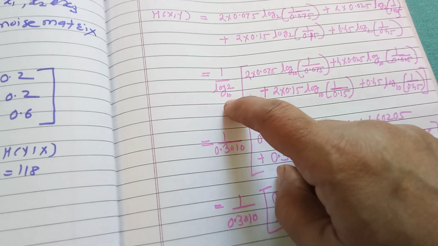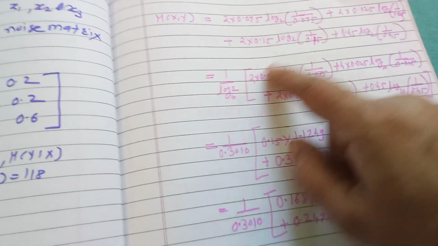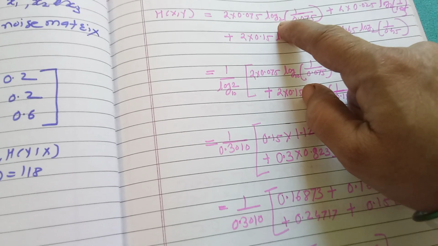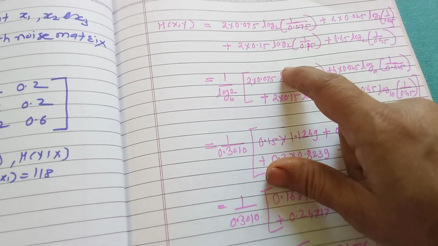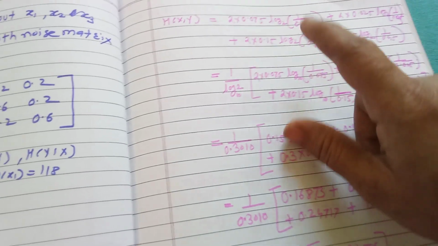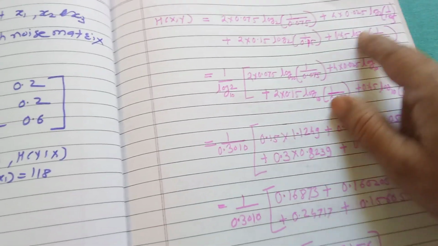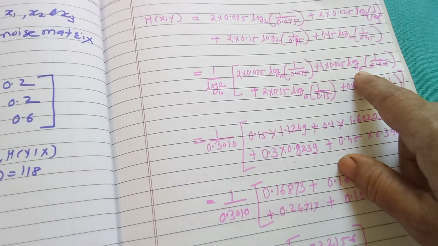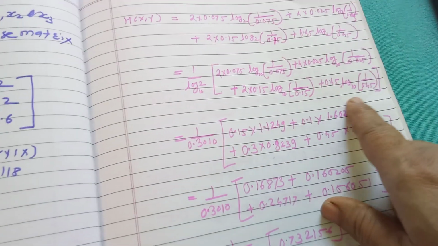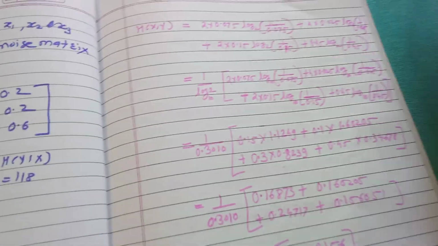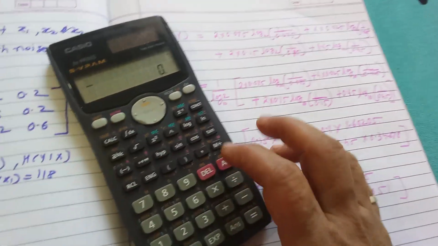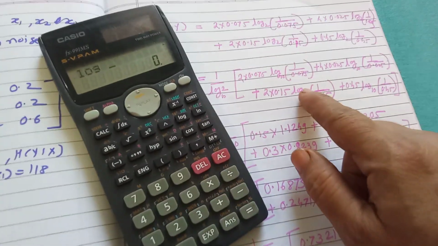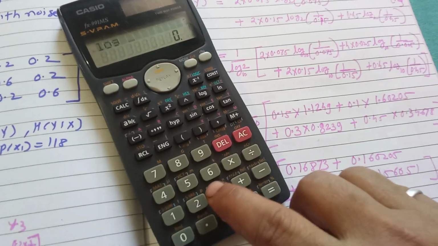It is required to write 10 here because the base is 2. So 2 into 0.075 log 10 of 1 by 0.075. Now everywhere you will get log 10, and how to find that in the calculator: suppose log of 1 by 0.075.